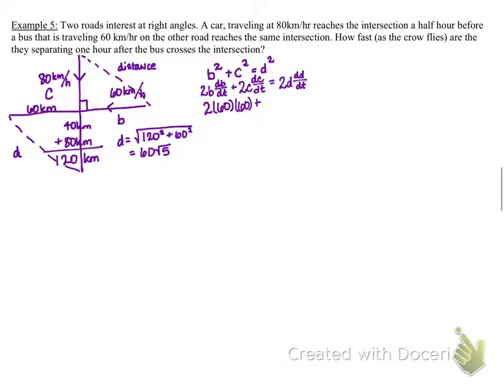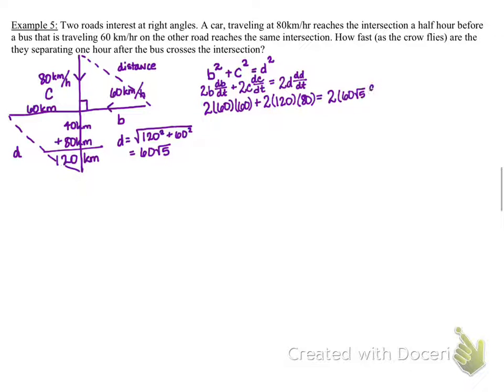And the car is 120 miles from the intersection, and it is going 80 kilometers per hour. And the distance between the two we discovered was 60 square root of 5.